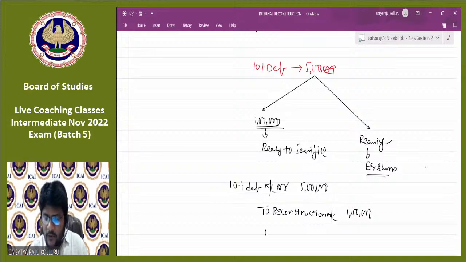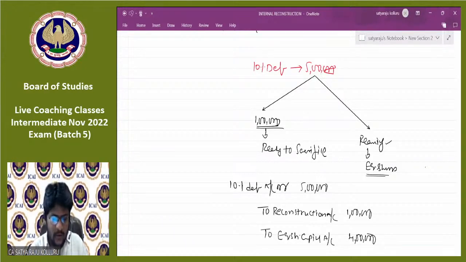That's why the company should issue equity shares, so we cancel the remaining 4 lakh worth of debentures and transfer it to the credit of equity share capital. So the entry is debentures account debtor, reconstruction account debtor to equity share capital account.